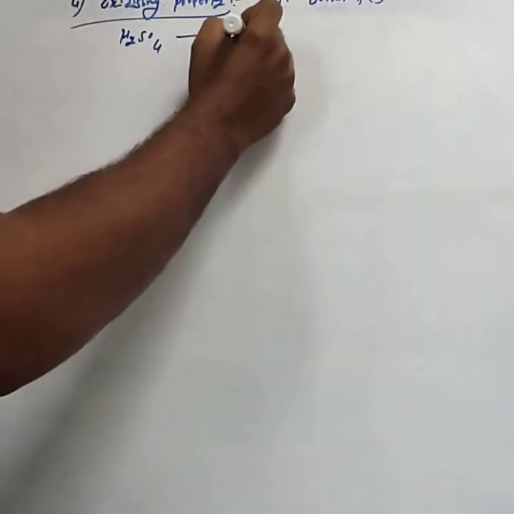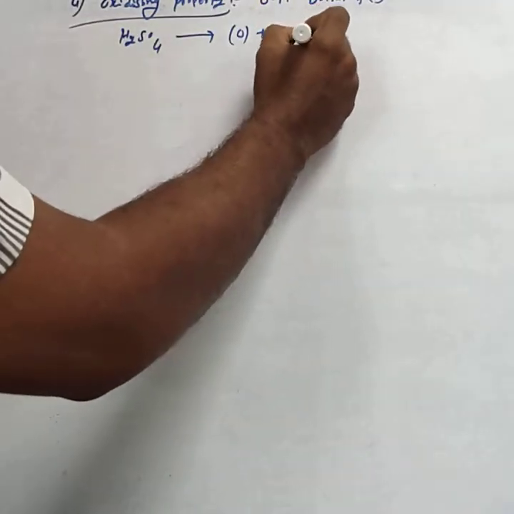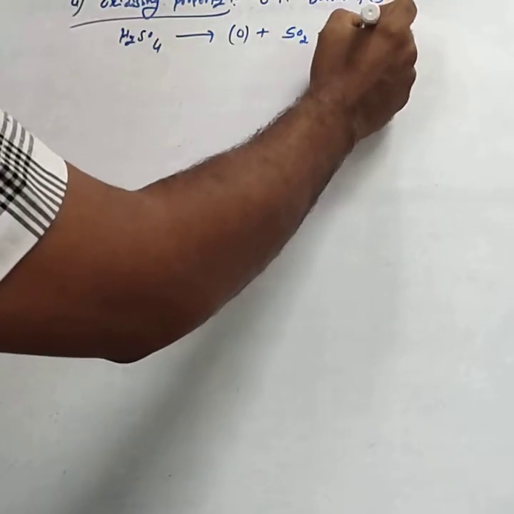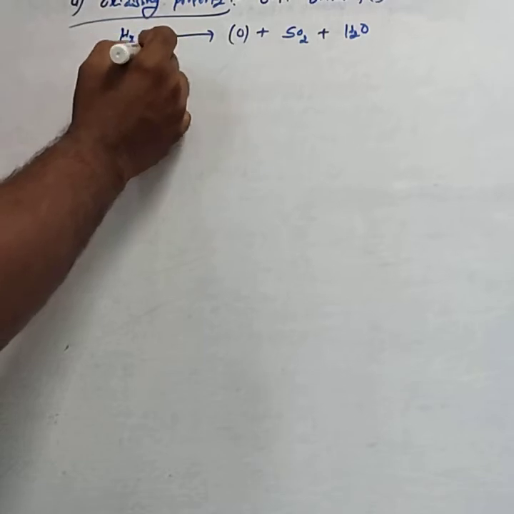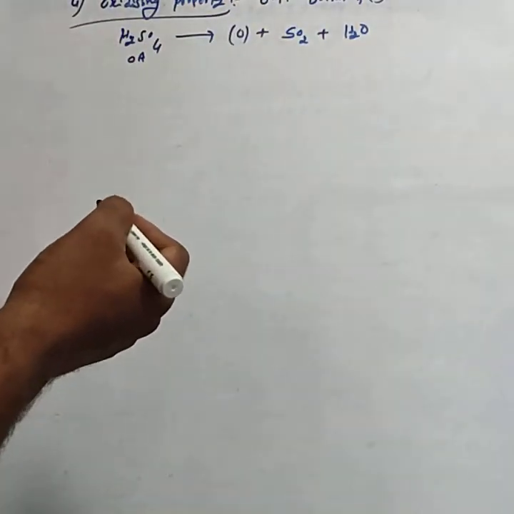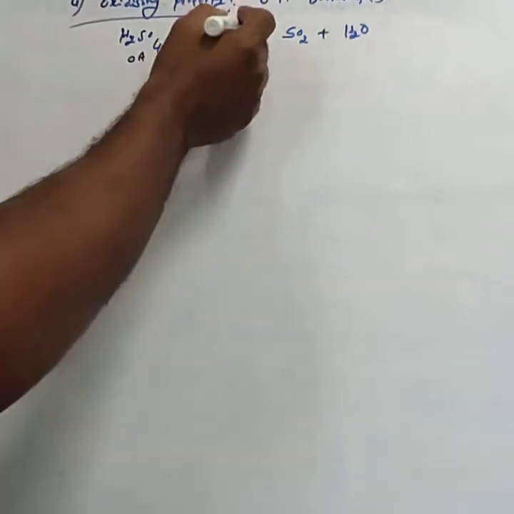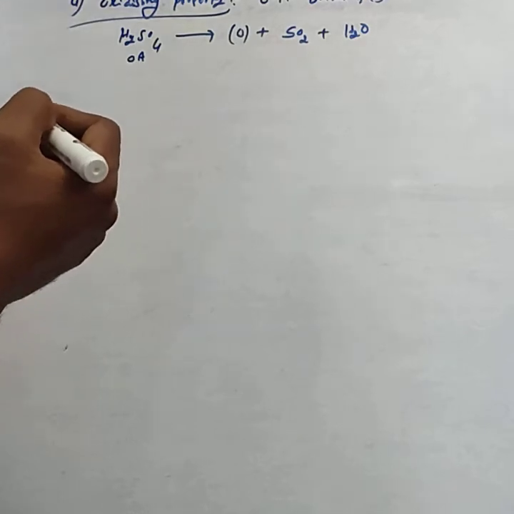H2SO4 donates nascent oxygen and gets reduced to sulfur dioxide plus water. An oxidizing agent always gets reduced. It is reduced in the form of sulfur dioxide and donates nascent oxygen. Hence H2SO4 behaves as an oxidizing agent.